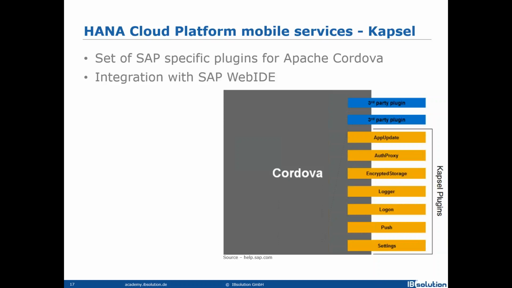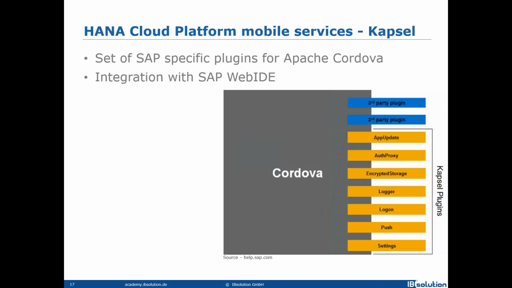And not only that, it provides you with some plugins so that you can access the calendar, the camera, the contacts, and every feature specific for the device that the browsers actually do not have.